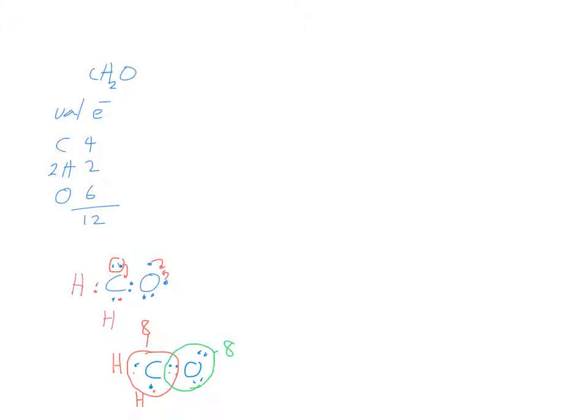We would call this a double bond because it has 2 pairs of electrons. We could also redraw this with just lines for electron pairs and bonds. So it would be like this.